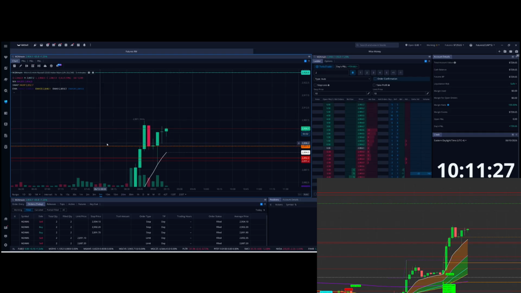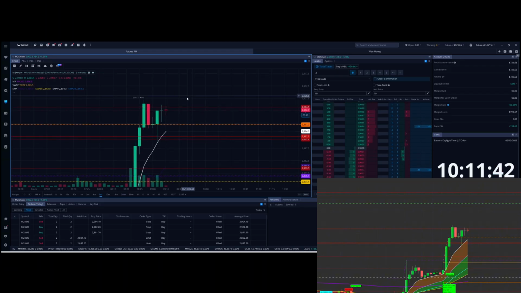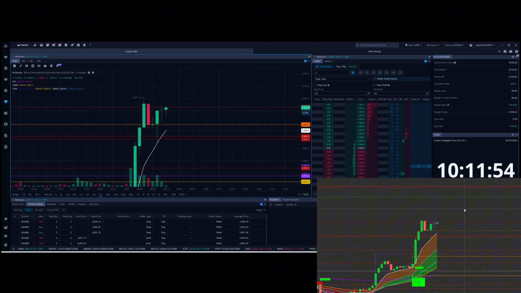She still wants to blow. I need price to close above here and hold. Then I'll get in long again. If it rejects, I need to reject and pull lower than, I say close under this 15-minute range for me to think it's going to reverse.